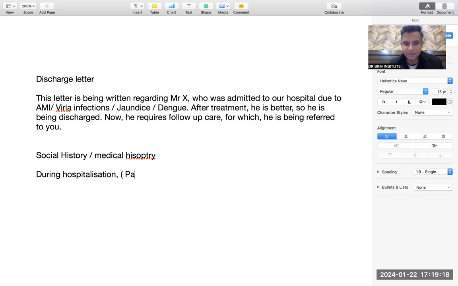During hospitalization, the patient was administered IV drips. So the key grammar in this, if you realize, is was or were plus the third form. Was plus third form means was administered by us.